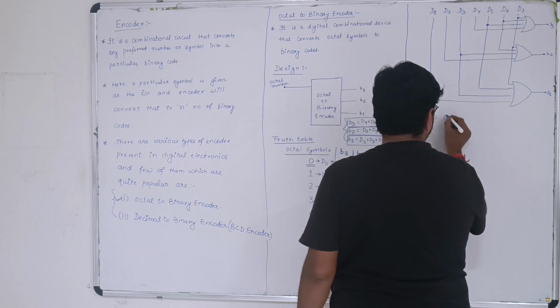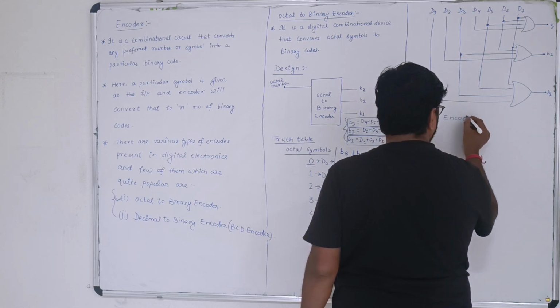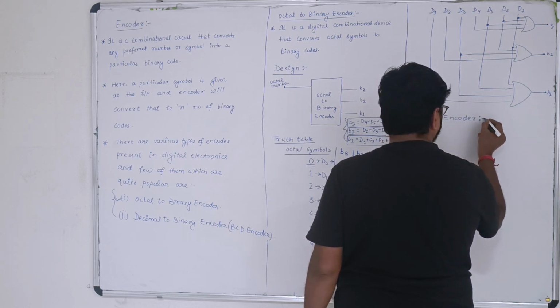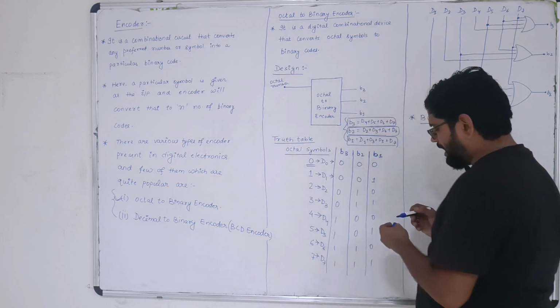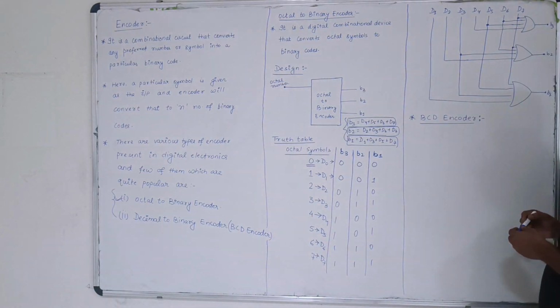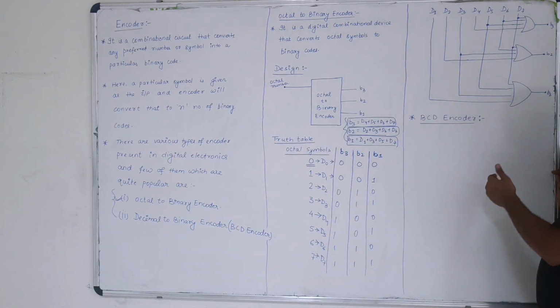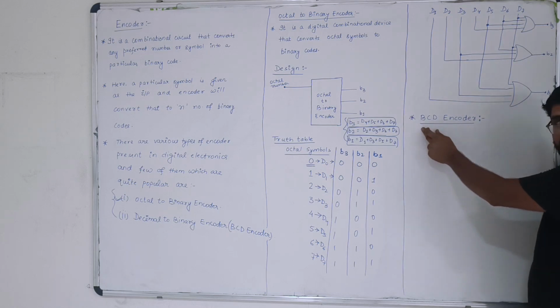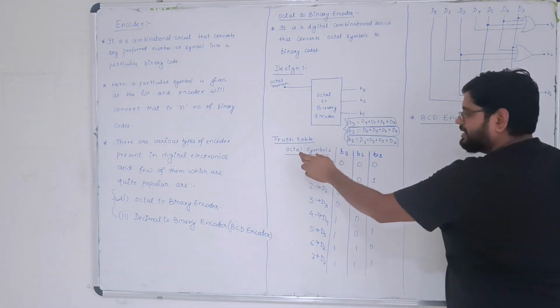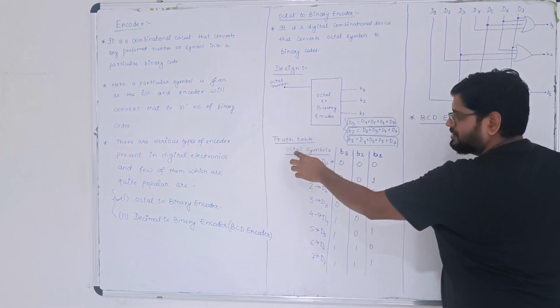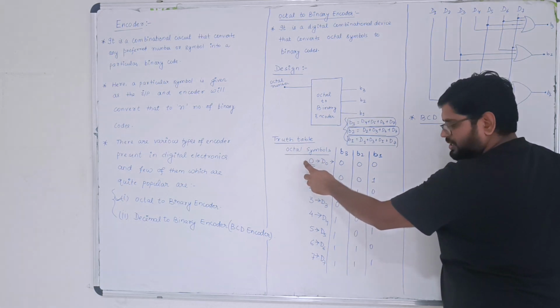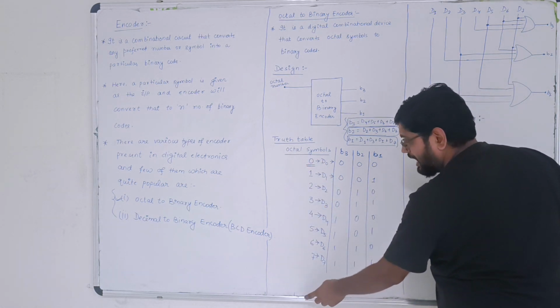The next topic of discussion is the BCD encoder. I want all of you to do it by yourself. I'll just give you some hints for the design of this BCD encoder, or you can say decimal to binary encoder. BCD is nothing but a decimal number, where the symbols start from 0 and end at which number? 9.